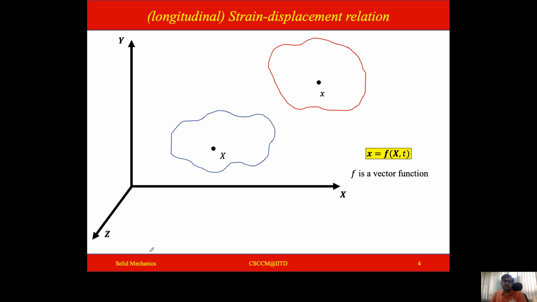So a body that is in the original configuration undergoes a change in its shape, and under the action of strain and external force, the body undergoes displacement. And the question we are asking is, can we express strain in terms of displacement?